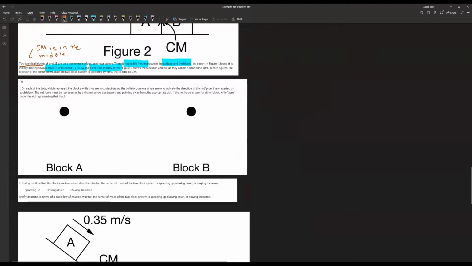So in part A, on each of the dots, which represent the blocks as they are in contact during the collision, draw a single arrow to indicate the direction of the net force. Careful here, this is not a free body diagram. Off to the side, consider what the forces on block A are. We have the normal force on block A, the force due to gravity on block A, and then block B is going to push back on it.